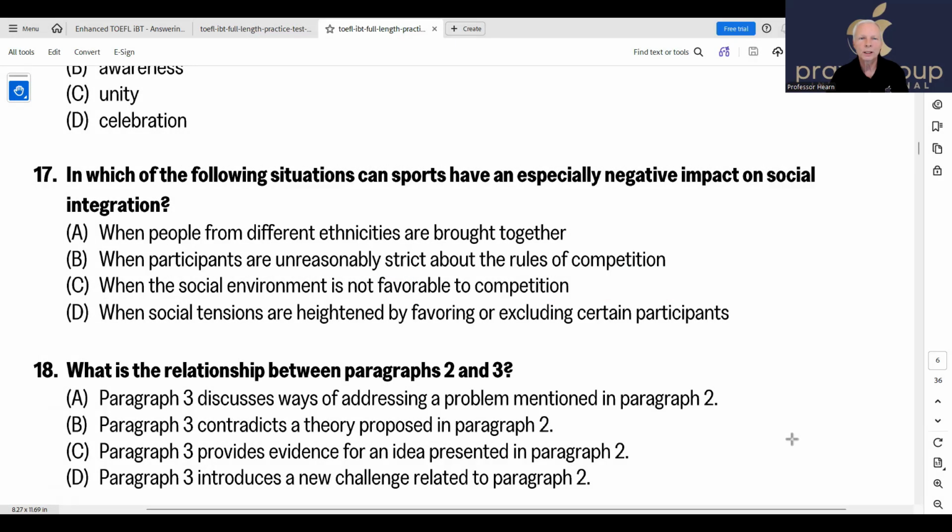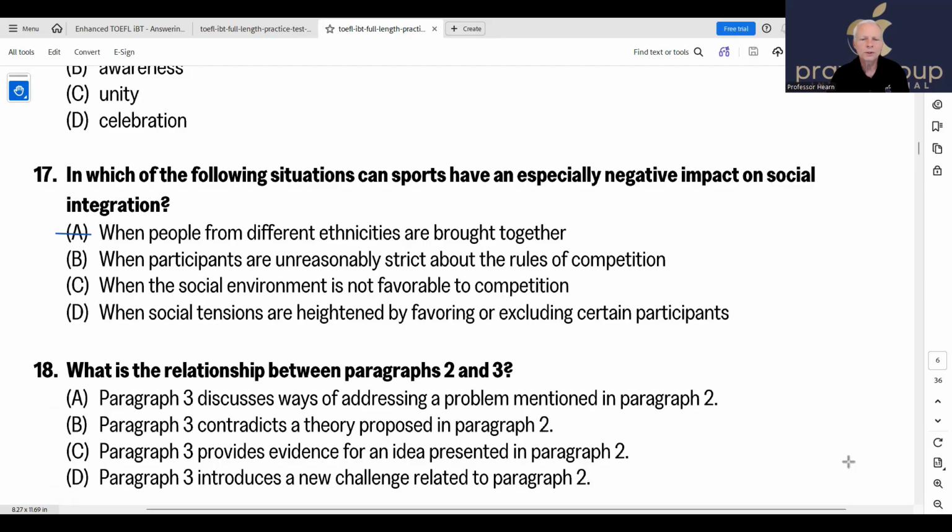What about choice A? When people from different ethnicities are brought together. Well, this is obviously something that's happening, but does it say that directly? No, it's not mentioned in the passage. So A is not possible. What about choice B? When participants are unreasonably strict about the rules of competition.